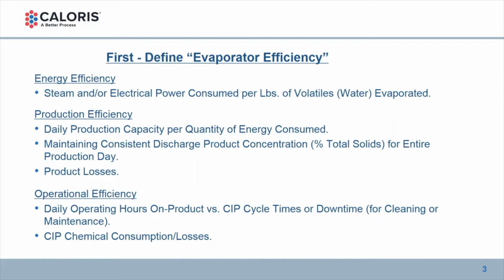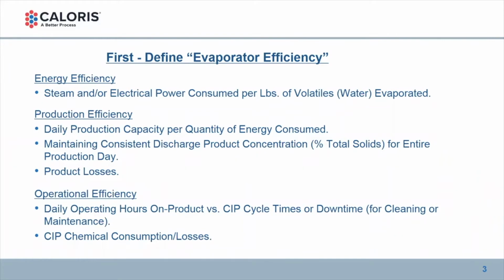Also, maintaining consistent discharge concentration from the evaporator system, because usually there is a downstream processing system, and while we can do everything we can on the evaporator, if it's discharging at lower solids and it's going to a spray dryer, that spray dryer is going to consume more energy to get rid of that extra water. Also, product losses. So, production efficiency is also a factor.